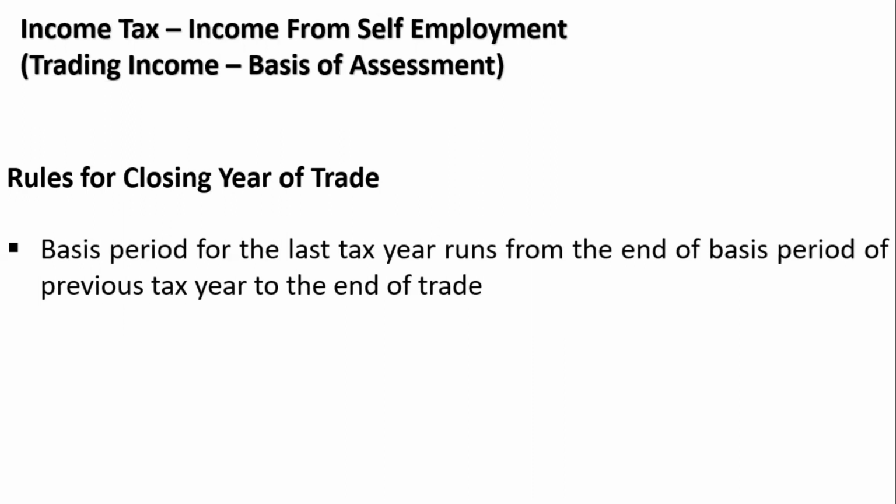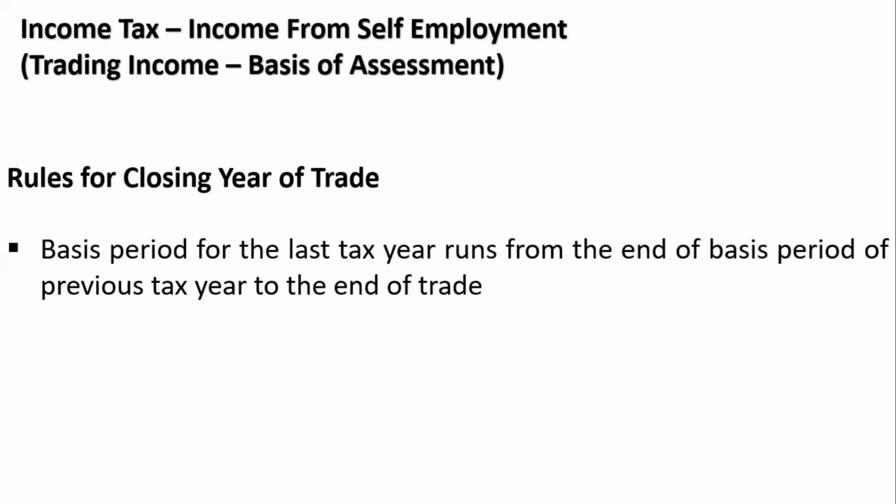Basis period for the last tax year runs from the end of basis period of the previous tax year to the end of trade. For example, in the same situation, you ended the trade on, let's suppose, 31st December 22.